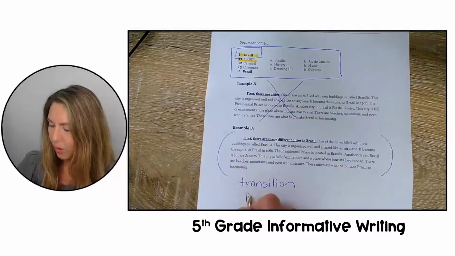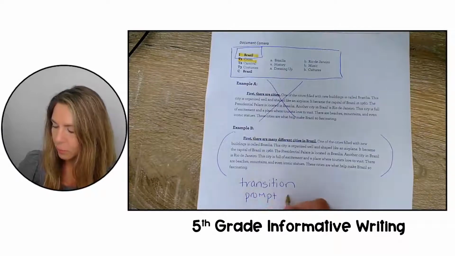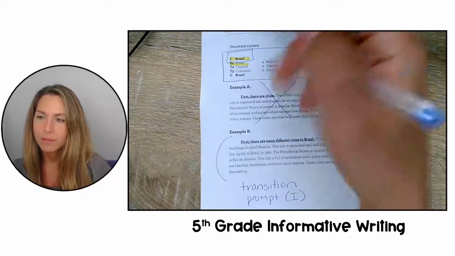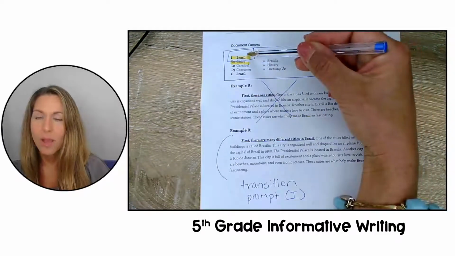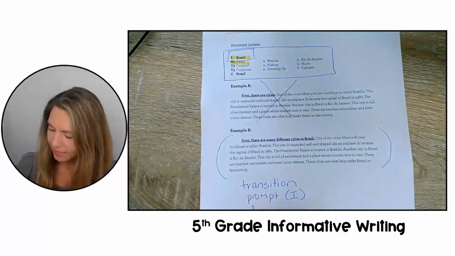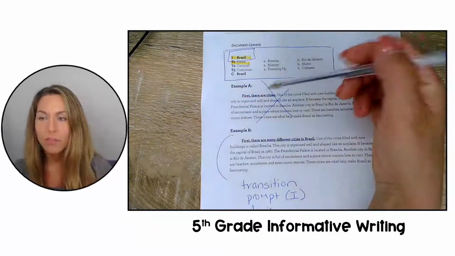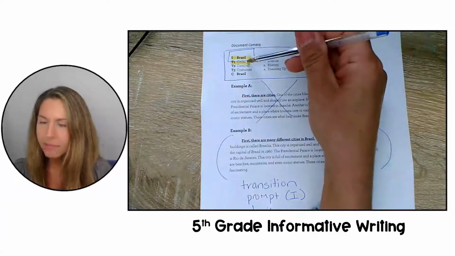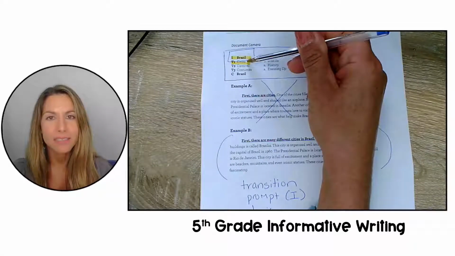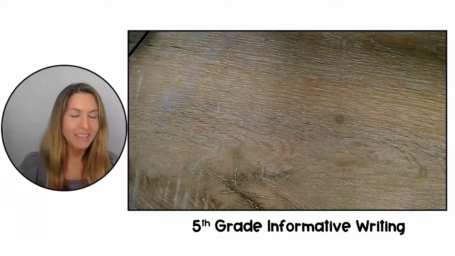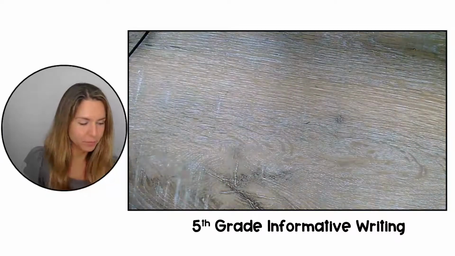You need your prompt, which, boys and girls, means the word that you wrote next to I. And then it needs the topic of that particular paragraph. So if we're doing T1, that means I need to have cities. Does that make sense? All right, let's practice a few more.